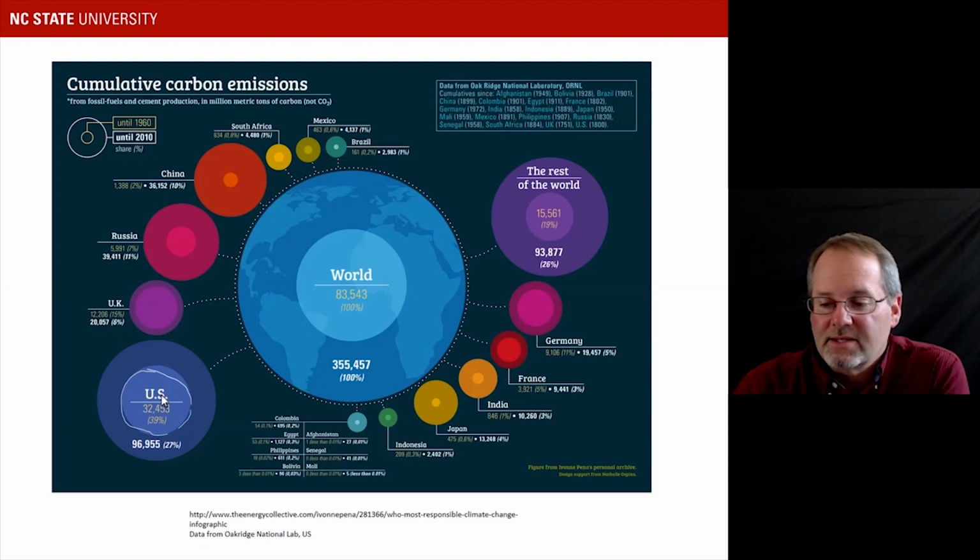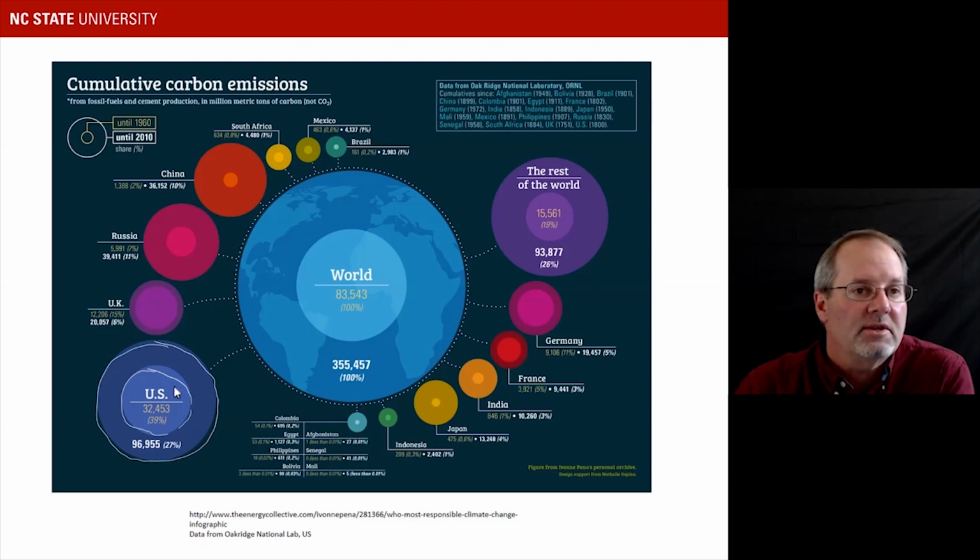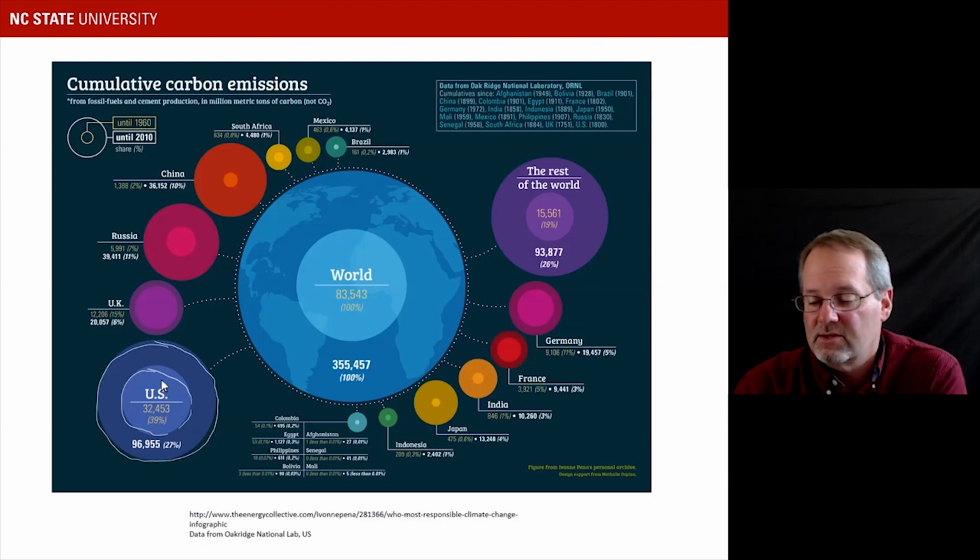And then from 1960 to 2010, the increased area gives us an idea about how much emissions we have added in that 50-year period. You can see in the last 50 years, we've added just as much emissions as we had for all years up to 1960.